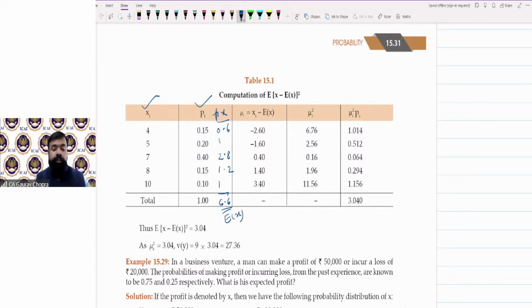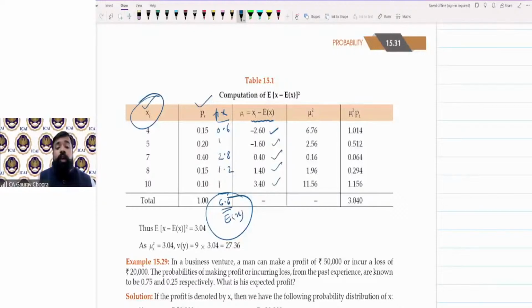Now the next thing is we require X minus EX as per the formula. X minus EX, so 4 minus 6.6, we are getting minus 2.6. So what we are doing basically is subtracting the expected value of X from X. This is the column of X and this is EX. So subtracting them, we get X minus EX.